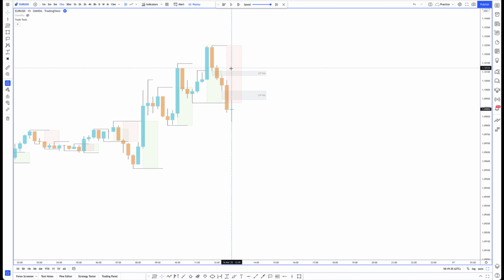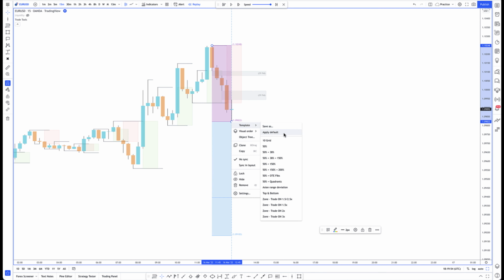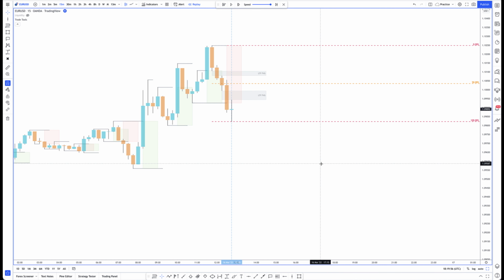And we don't have anything else. We don't have an order block. We don't, maybe we have a rejection block here. It's too small. And once we draw the zone, basically, as price is moving forward, you draw out the 50%.